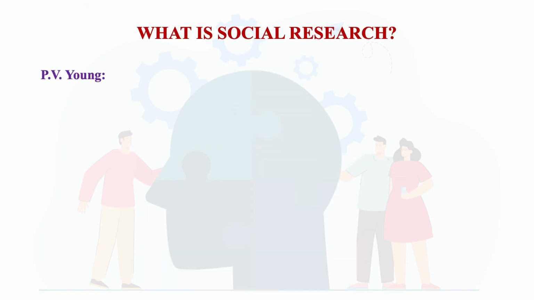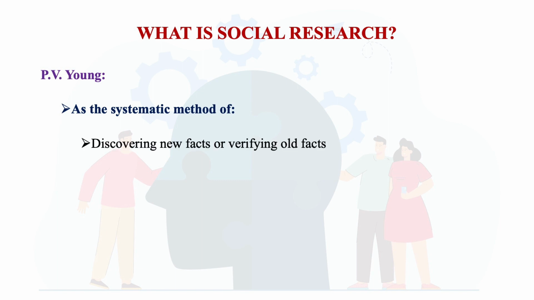Social research, as P.V. Young mentioned, is a systematic method of discovering new facts or verifying old facts. New facts: sometimes when you do any study, for example, you want to know how the people are behaving during something like COVID-19.